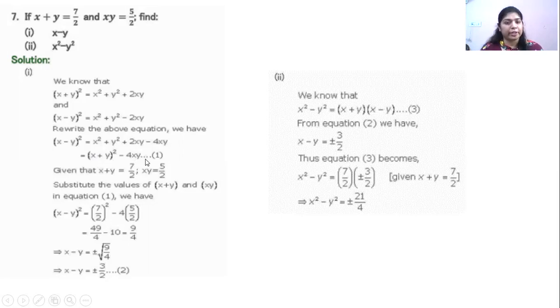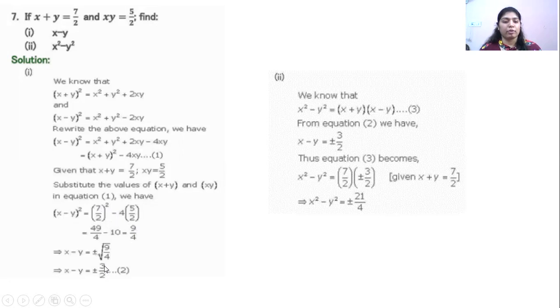You can use that identity, put the value of x plus y, x into y, then we'll get (x minus y) whole square as (7 by 2) whole square minus 4 into 5 by 2. 49 by 4 minus 4 into 5 by 2, that is 20 by 2, 10. On solving this one, we'll get 9 by 4. So (x minus y) whole square is equal to 9 by 4. On solving this, x minus y is equal to plus minus under root of 9 by 4.